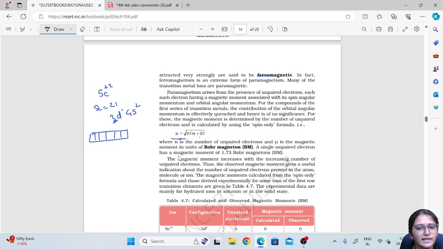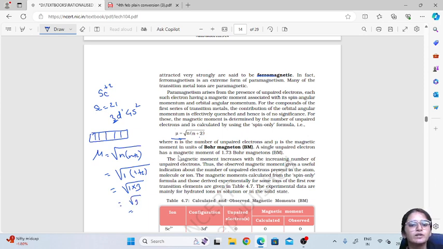So the mu value will be given as root of n into n plus 2, where n is the number of unpaired electrons. Here there is only one electron, so it will give us 1 into 2 plus 1, which is 3. So root of 3.